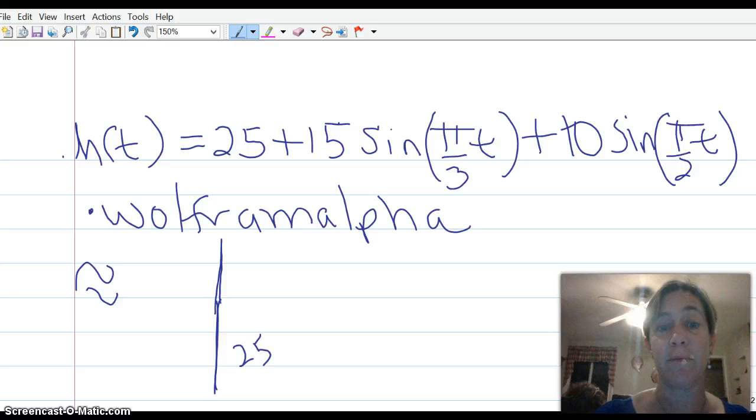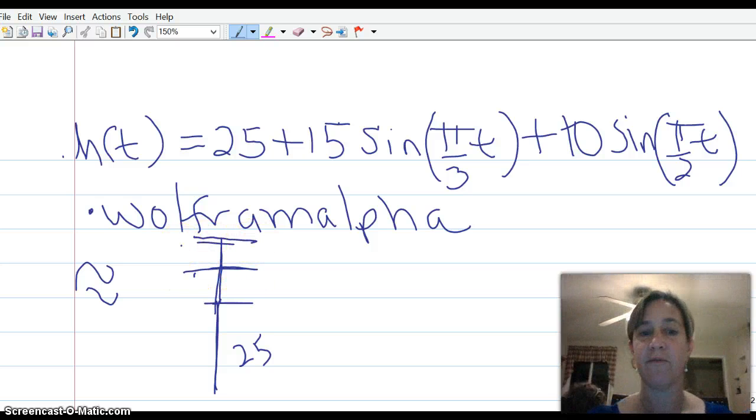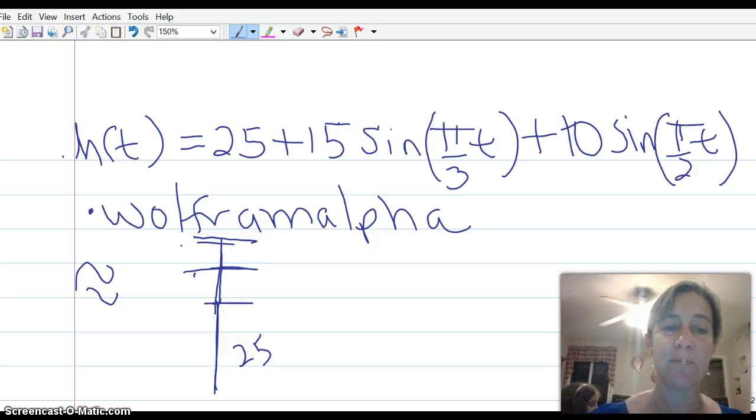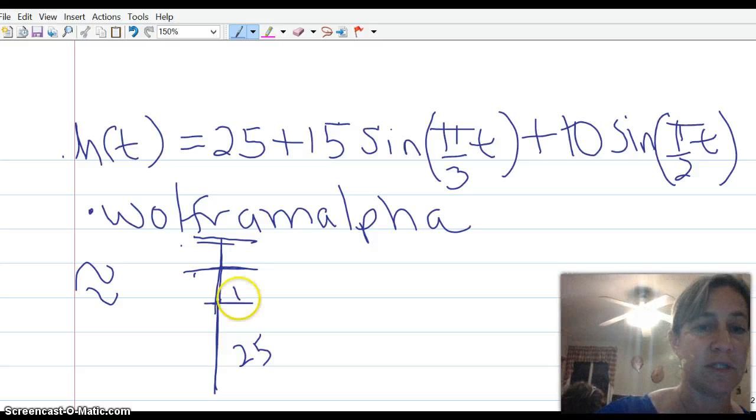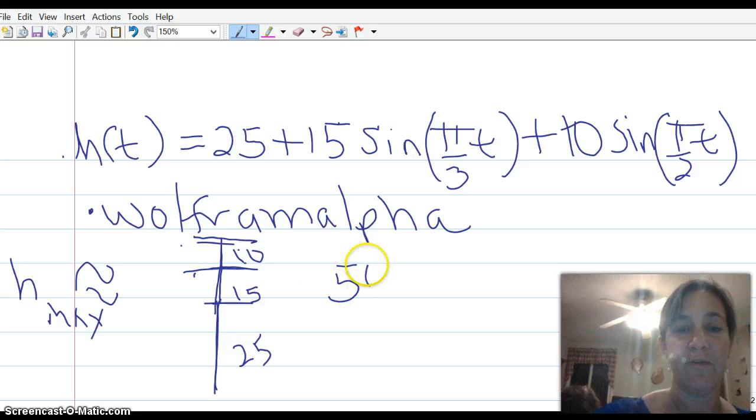So we're estimating our maximum height really to be close to 50. We got the 25 from the stand, 15 from the big arm, the radius of 10 from the Ferris wheel you're at. So the maximum height should be close to 50, right? 25, 15, 10. So we're approximating, I'll call this H max, should be pretty close to 50.